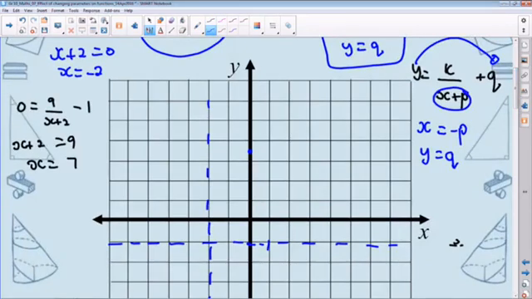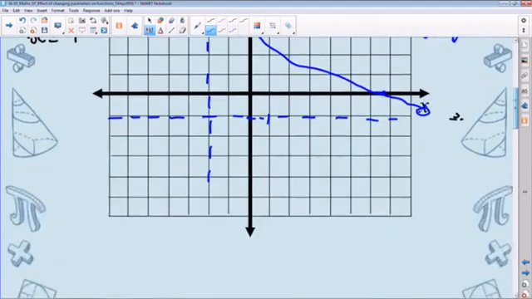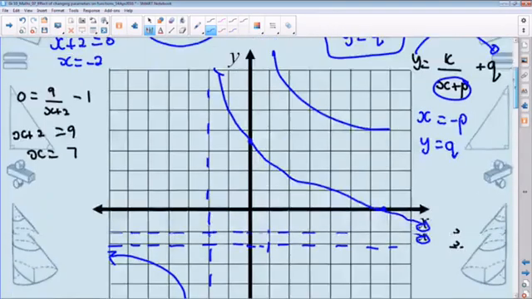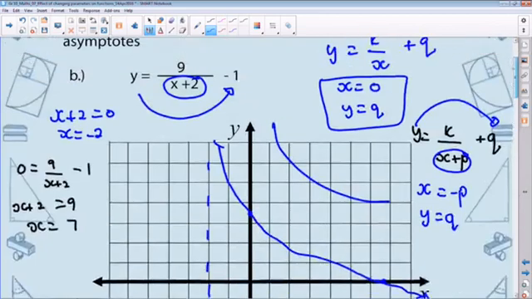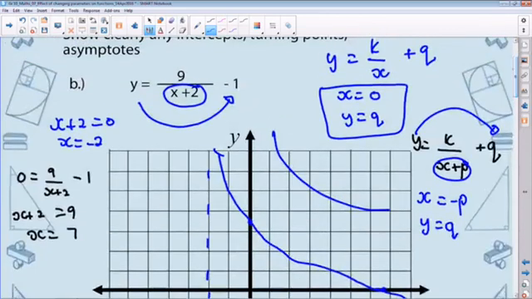Then we said 7 is going to be somewhere there. Okay, but your curve should be like this, not touching. It's a very funny curve. Not touching the asymptotes. So the rest of the graph should be this side. So that is your hyperbola.